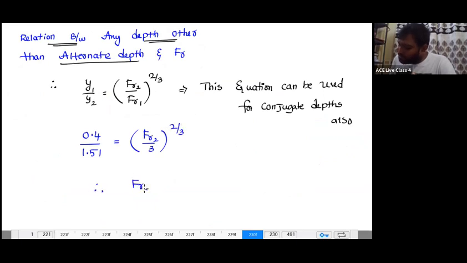Now what is Fr2? It is 1.51 whole to the power of 3 by 2 into 3, which again comes to 0.409. I am giving you multiple procedures so that you can go whichever way you want. But if you want to find Fr2, you require Y1.